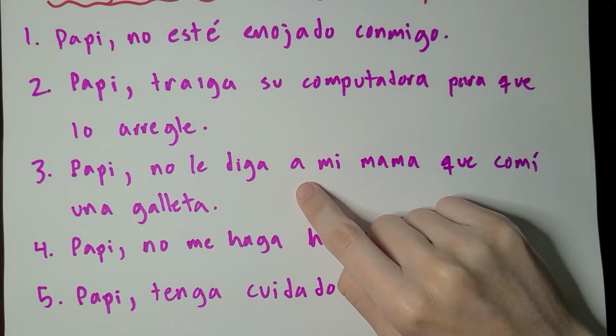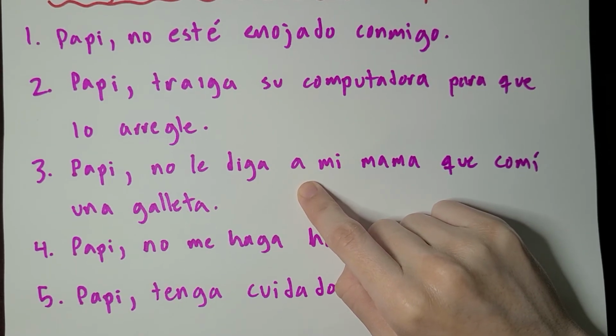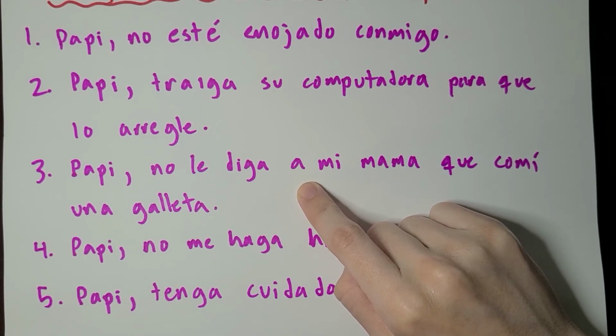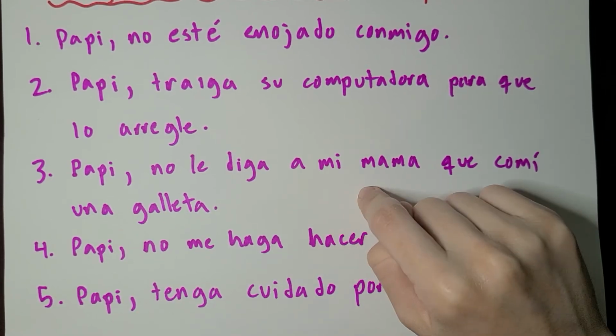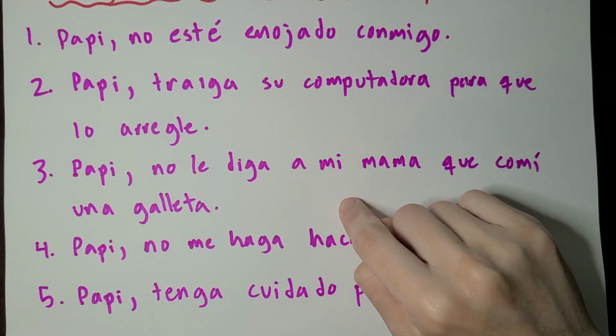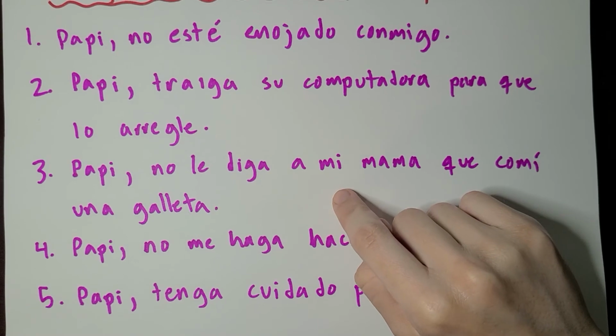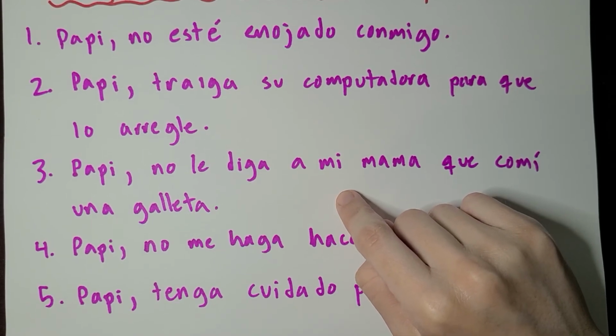So another note here, a little cultural note, is that in Spanish, most of the time, people will refer to their siblings or their parents, the other parent, as mi mamá or mi papá, even though we don't really do that in English. In English, if I'm talking to my siblings, I say, hey, mom said this, or hey, mom is in the kitchen. But in Spanish, they still say mi mamá. In English, it would be the equivalent of saying, hey, what did my mom say?